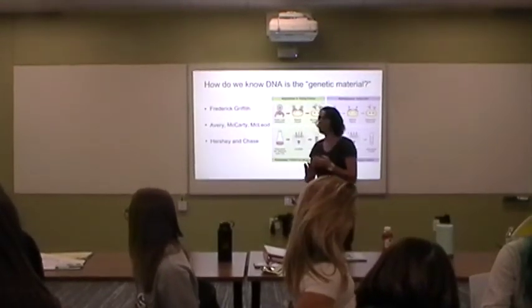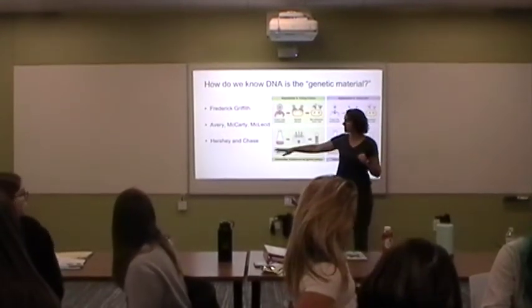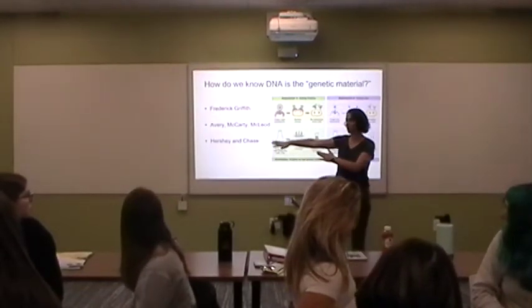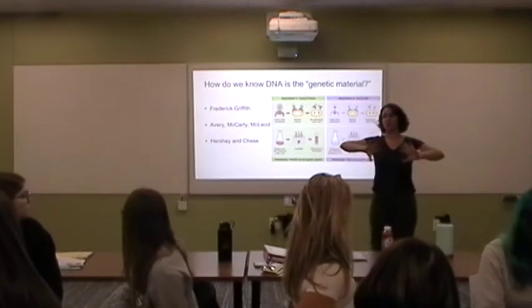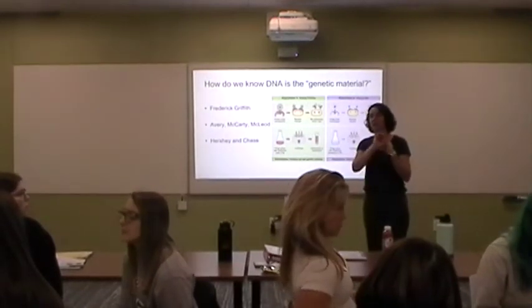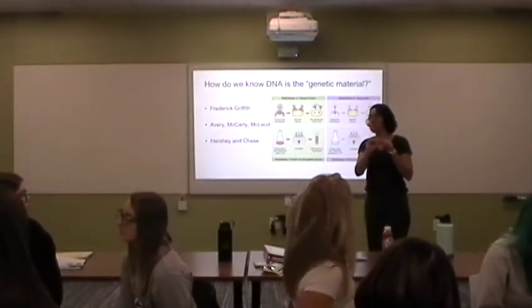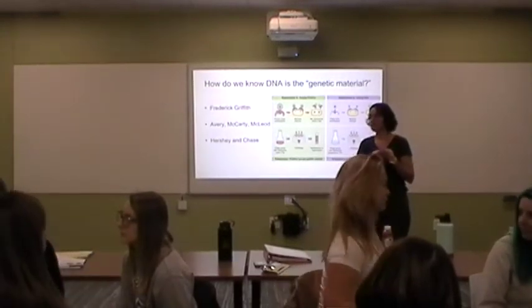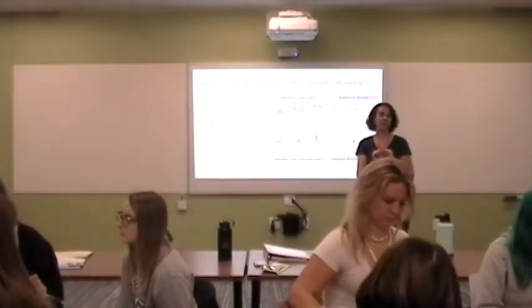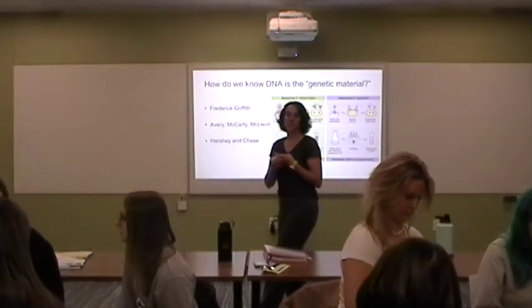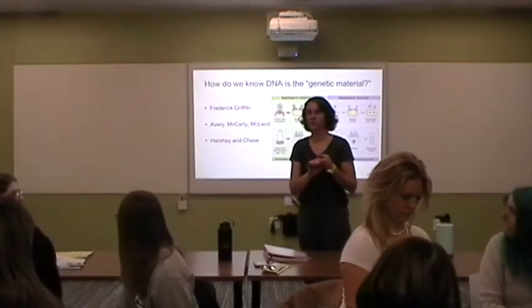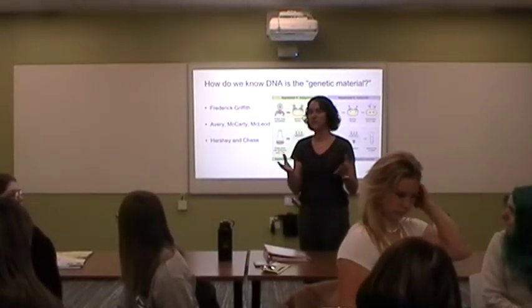So each group is going to take one of these and lay out the basic information for us. I brought some extra textbooks. You can also use computers or phones, but you'll want to say what their hypothesis was, how they tested it, so the most important piece is going to be the experimental piece, and then what their results and conclusion were. We want to walk through the scientific method of what they did.